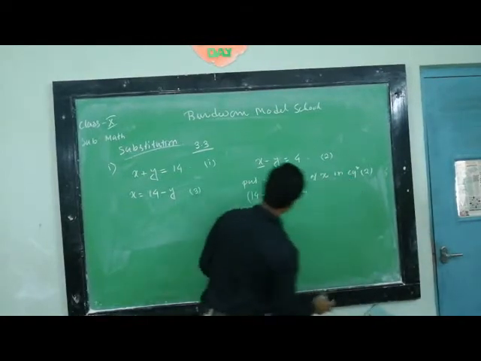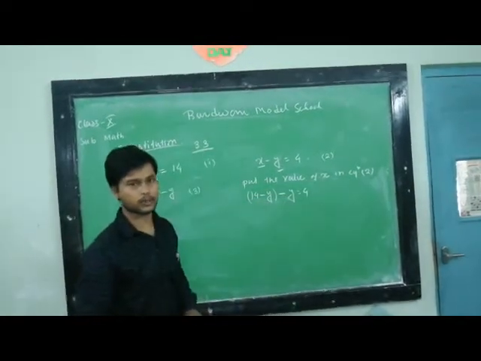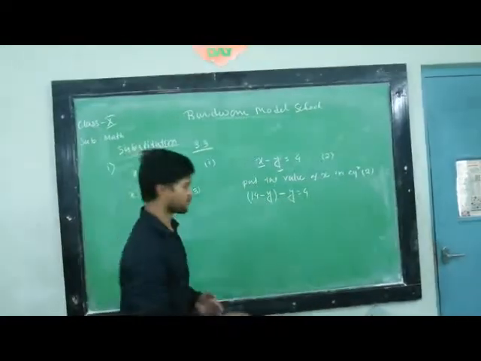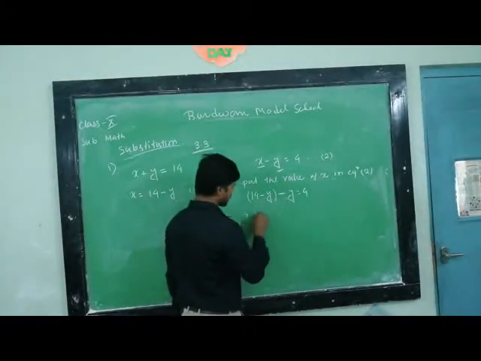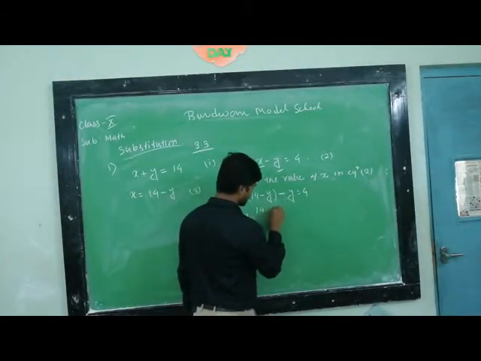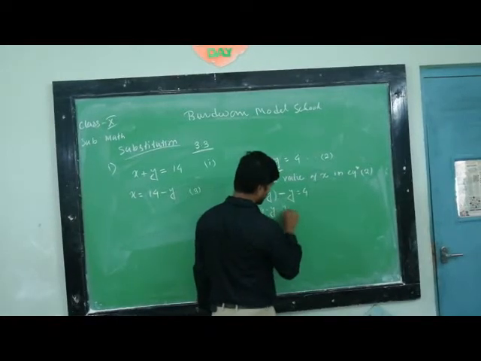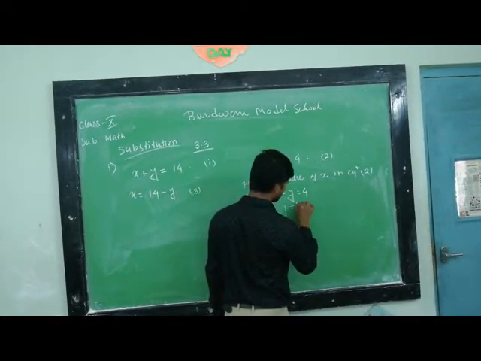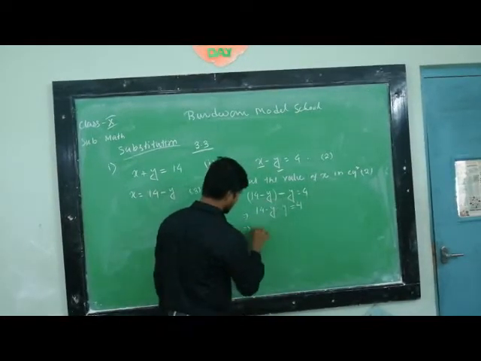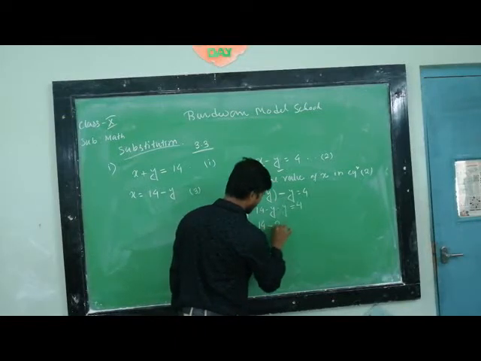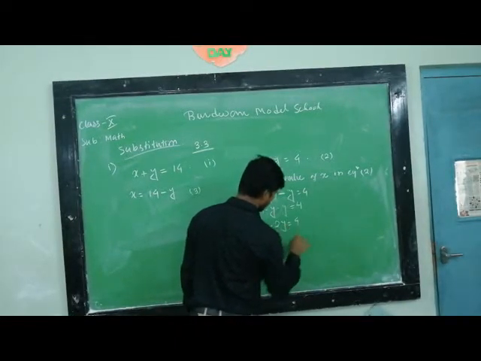You can see that this is a linear equation in one variable and we can easily solve it. See how we can solve it. First remove the bracket. 14 minus y minus y is equal to 4. That means 14 minus 2y is equal to 4.